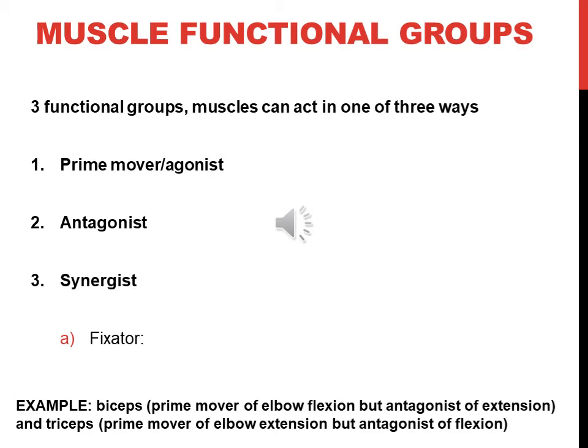Your fixator is a synergist that specifically immobilizes a bone. So the stabilization of a joint allows the prime mover to function. That would be a fixation. Then on the bottom of this slide, you can see I give an example of your bicep muscle. It's the prime mover of elbow flexion, the antagonist of extension, and then the tricep, prime mover of extension, antagonist of flexion. So you can see where these two work in pairs, create desired movement.